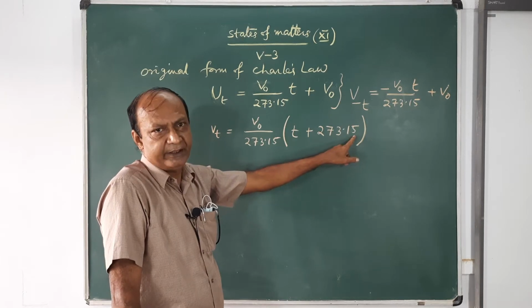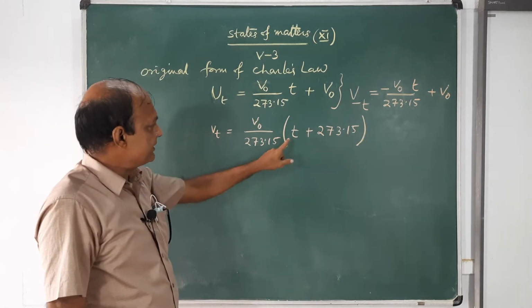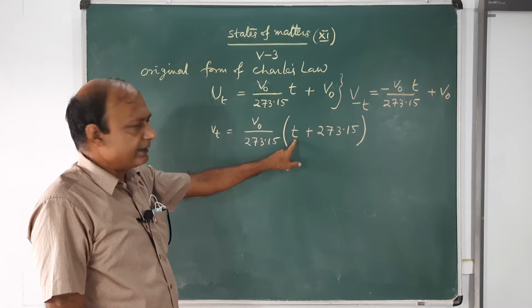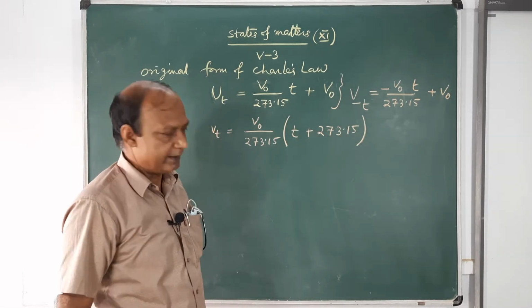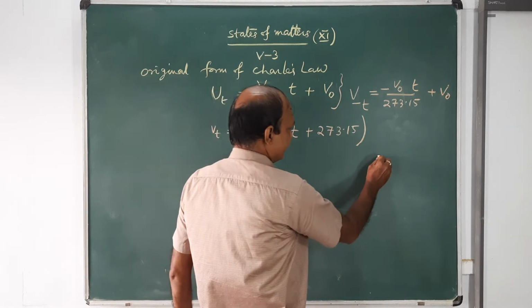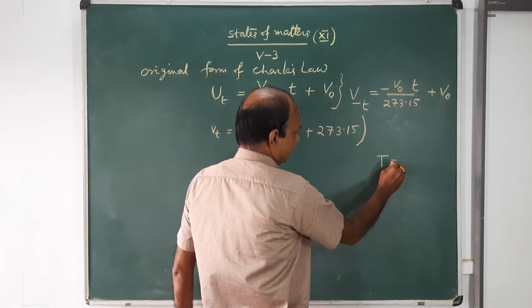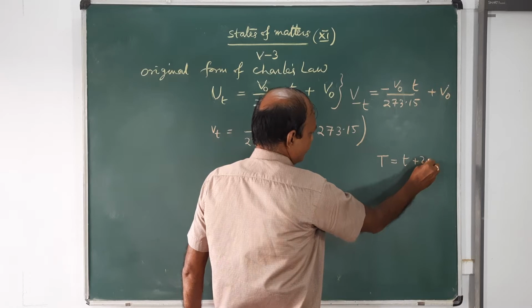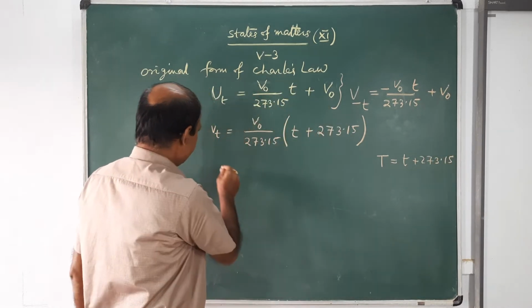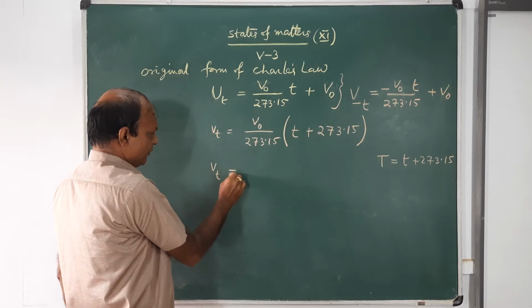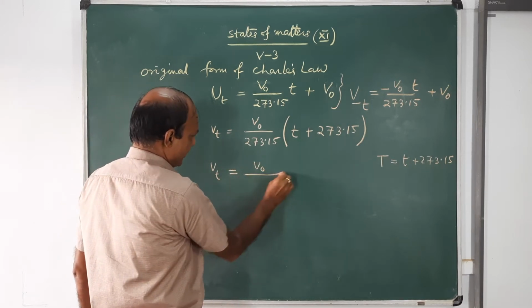Now as you know, centigrade temperature plus 273.15 is equal to Kelvin temperature, that we write as capital T equals T plus 273.15. Therefore, this can be written in this way, Vt equals V0 by 273.15 into capital T.